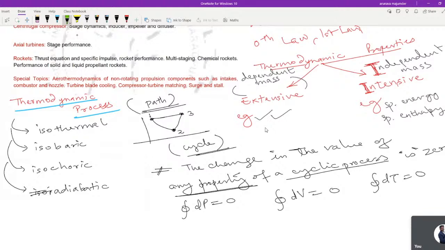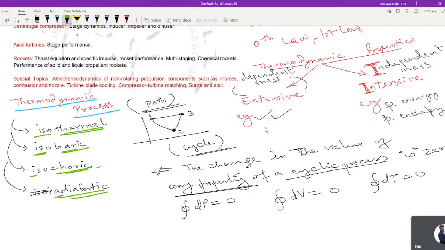Isothermal, obviously by the name, we can define it: a constant temperature. Isobaric means constant pressure. Isochoric means constant volume. And adiabatic means zero heat transfer.